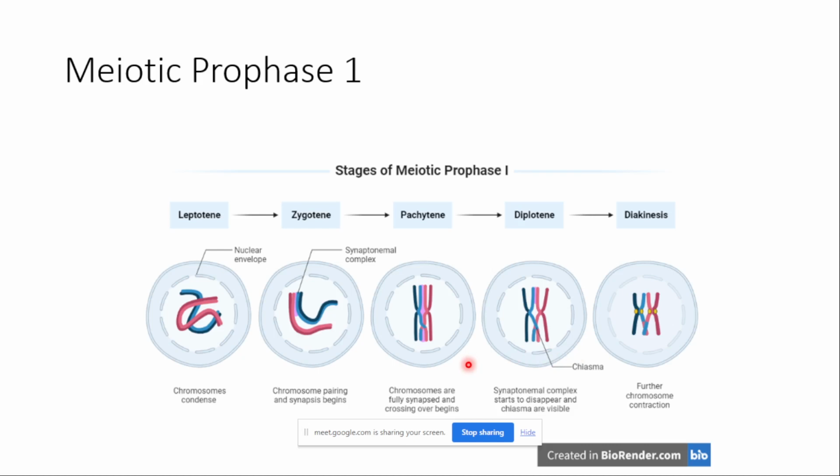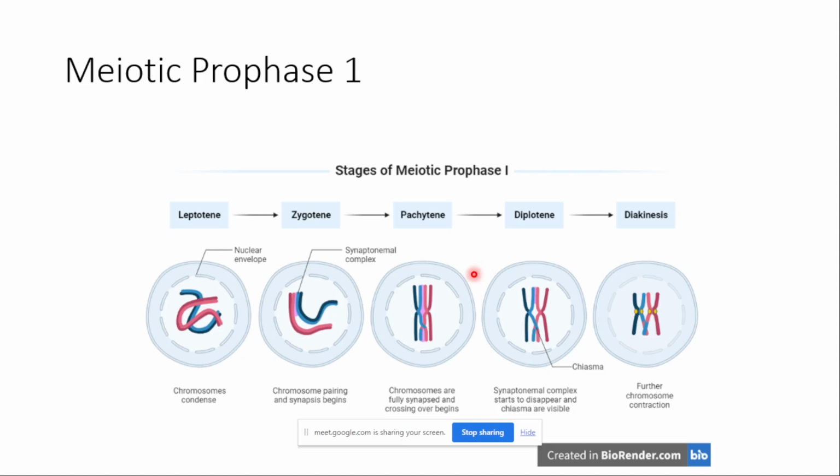It will start to disappear, and after the disappearance of the synaptonemal complex, you can find the chiasmata here. After that, diakinesis will occur. So this is the entire description of meiotic prophase I.